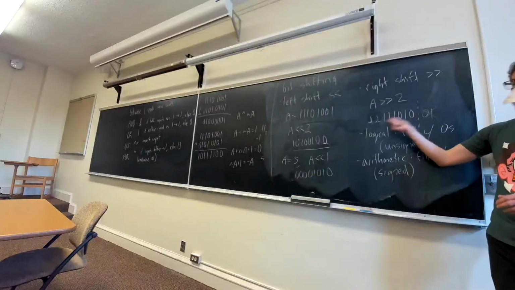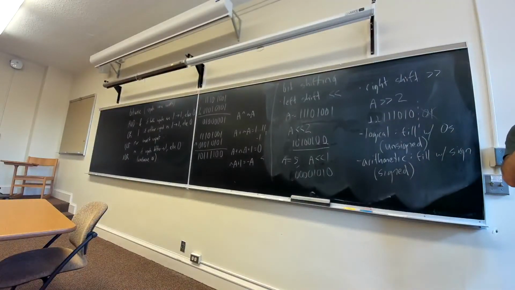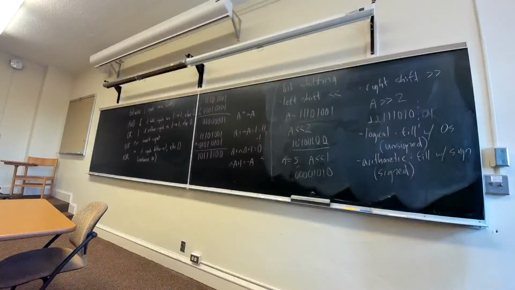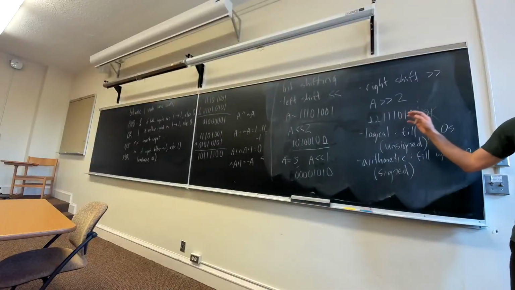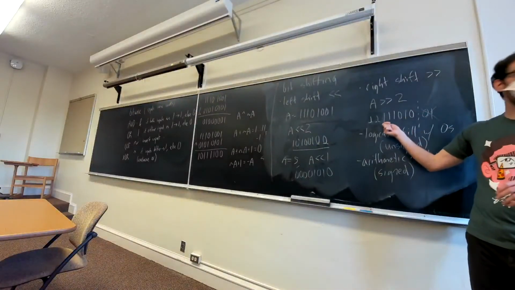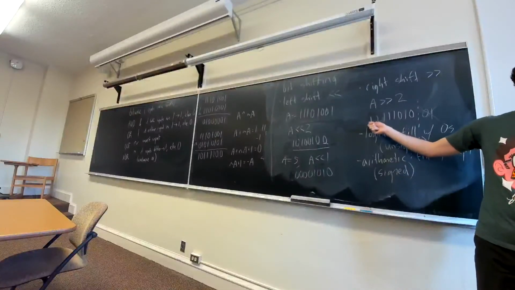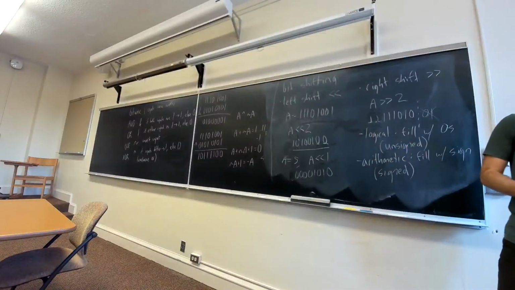So we wouldn't maintain specifically the same value because it's going to in effect divide by 2, but it will maintain the sign. So if it's a negative number, meaning it has a 1 in the most significant bit, it will stay negative because there will still be a 1 in the most significant bit. Okay, got it. Thank you.